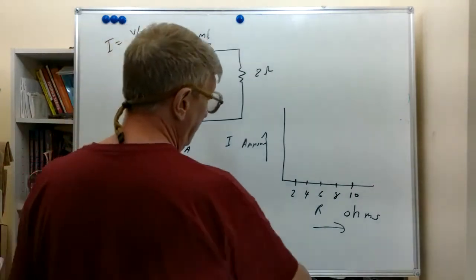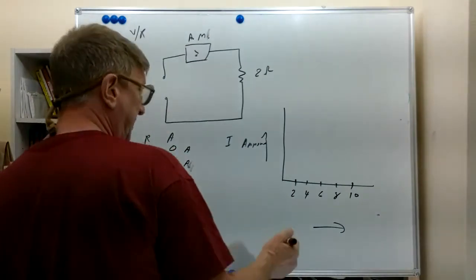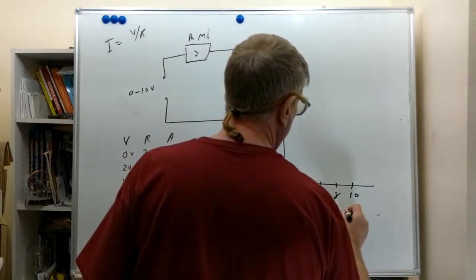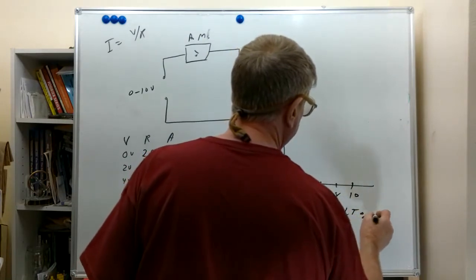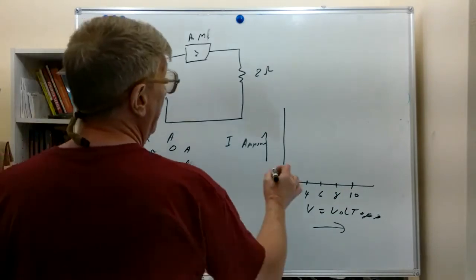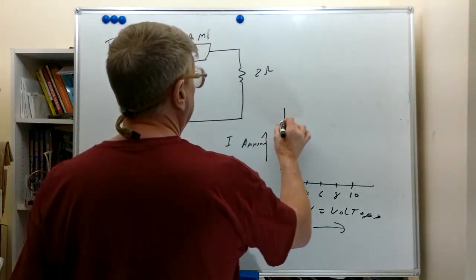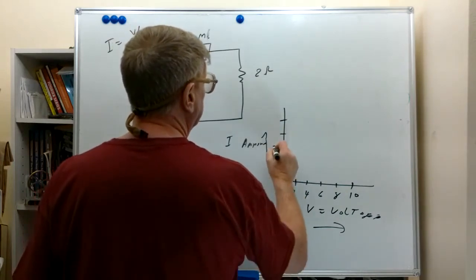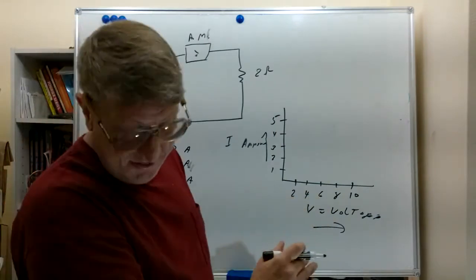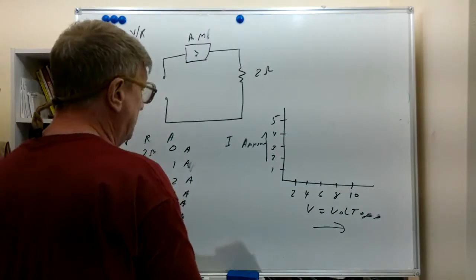Excuse me, I want voltage on the horizontal axis, not ohms. And still having amps up here. And we want to go up to 5 amps. 1, 2, 3, 4, 5. So we have voltage on the horizontal axis, and we have amperage on the vertical axis.